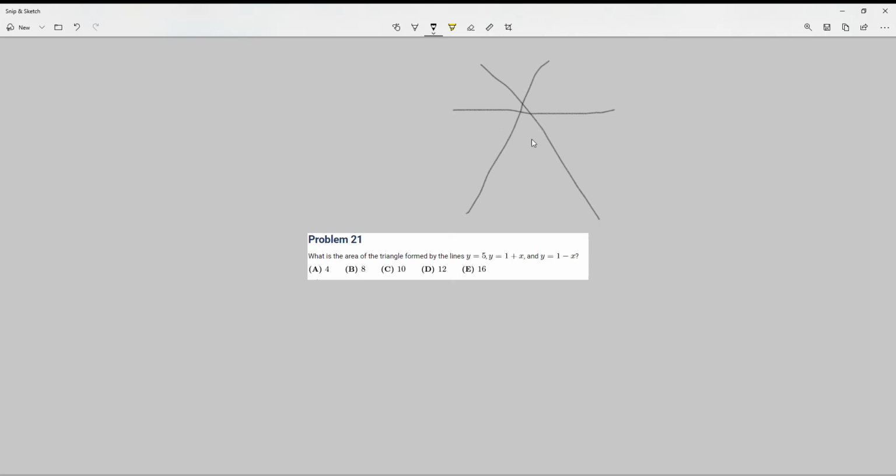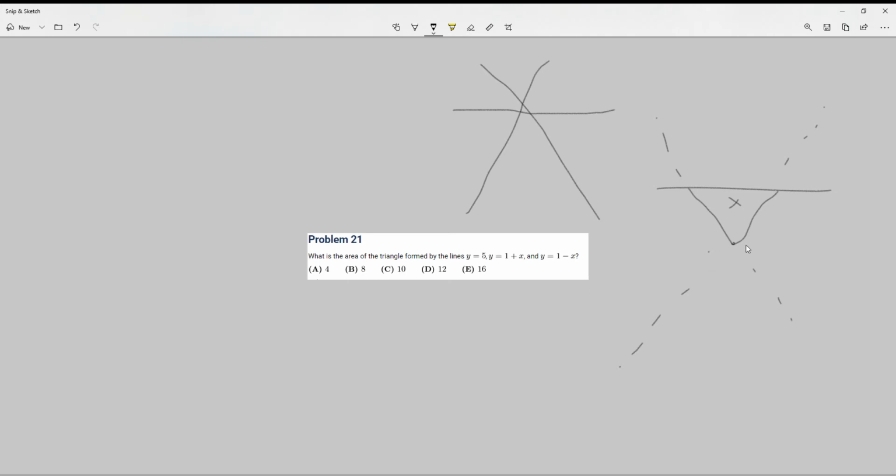You can see that you could make a triangle with these, more like that, and then these go on to there, and these also go on to there. At this point we also need to figure out this intersection point in order to find the area of this triangle.